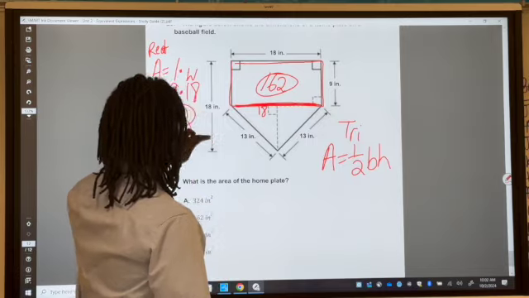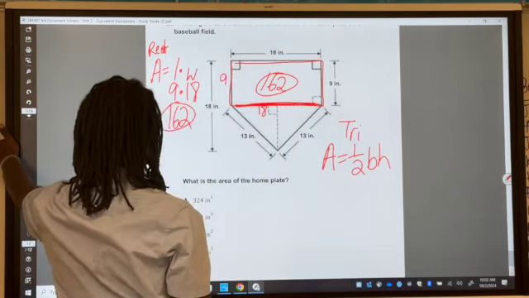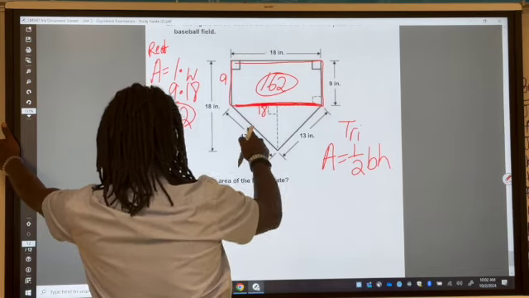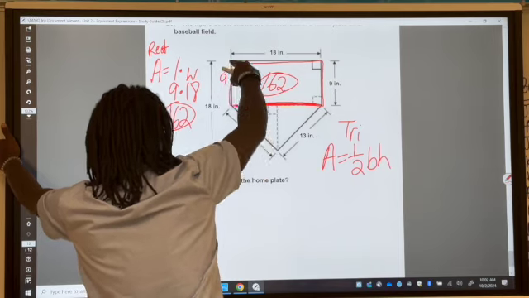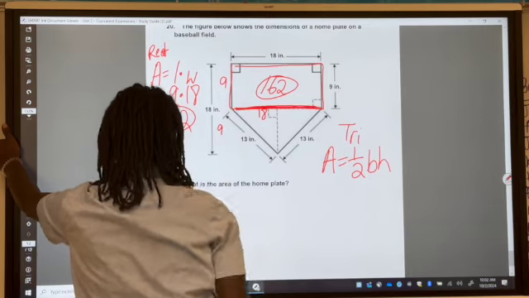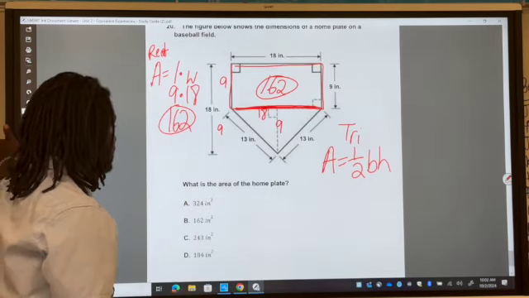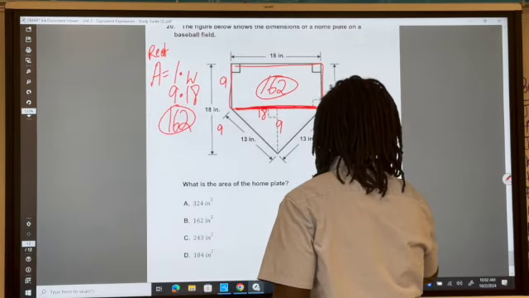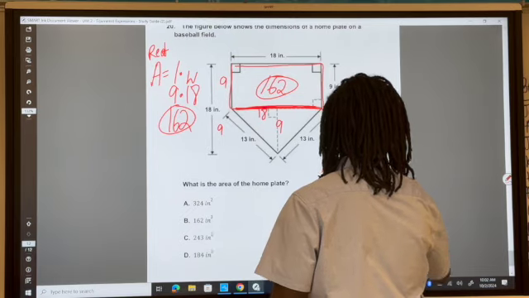This whole thing from here to here is 18, and then from here is 9. So if the whole thing from here to here is 18, and this piece is 9, that tells me then this little piece right here is also 9, which is equal to the height. So we have 1/2 times the base, which is 18, times 9.